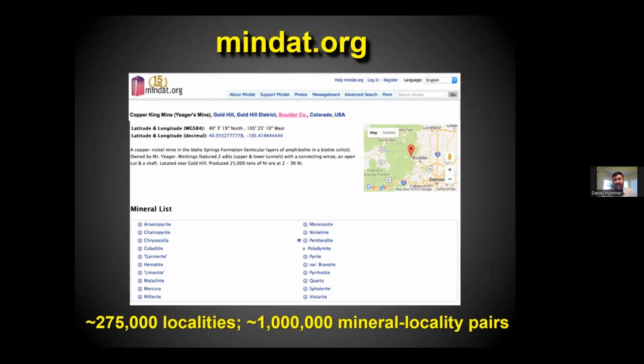So a lot of that data from Mindat has now been incorporated into the mineral evolution database, and we are adding geologic ages to a lot of those mineral locality pairs. So this is a very large database. Now, of course, I should mention, a lot of this data relies on, not just professionals at museums and universities and so forth, but also collectors to submit data on what minerals they have found at particular locations.